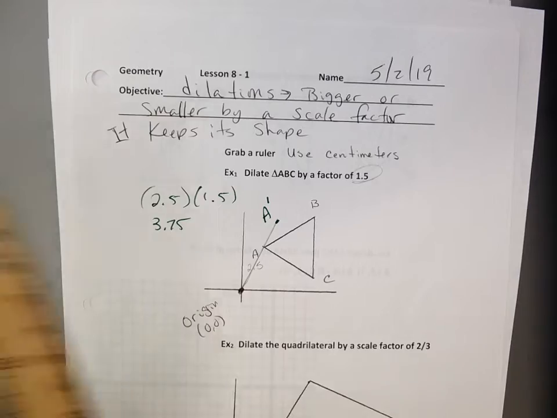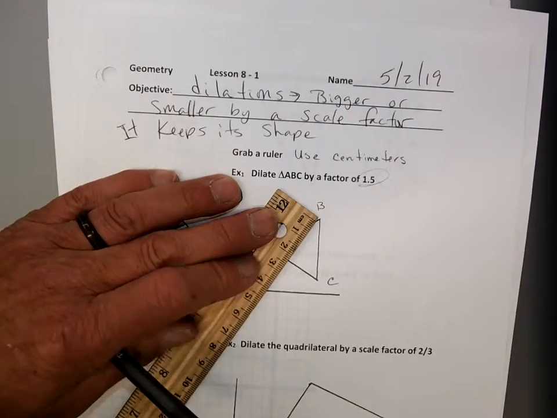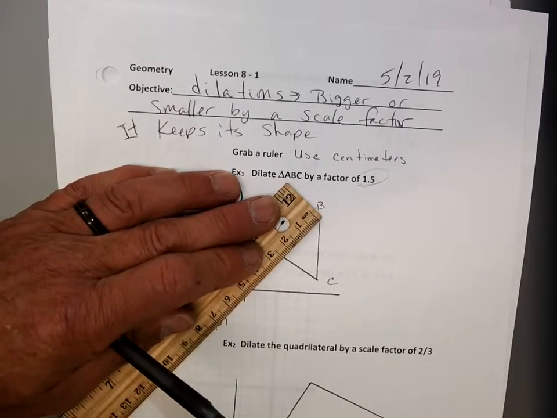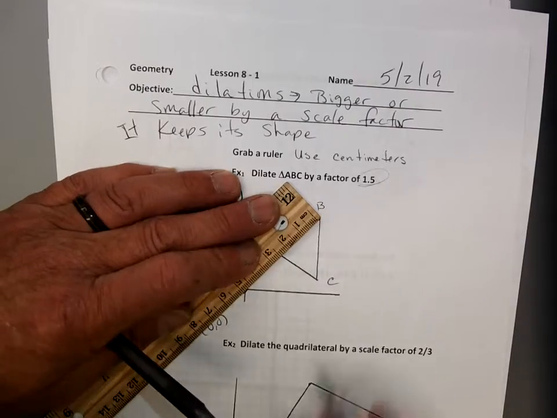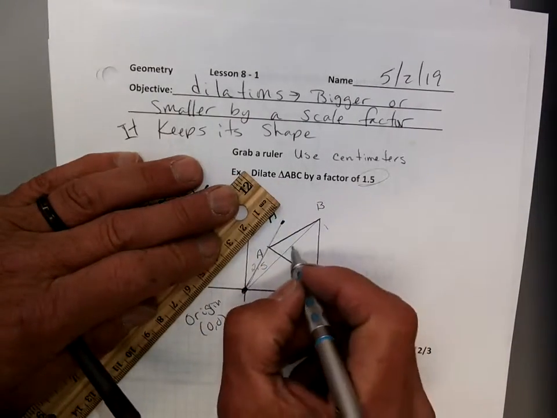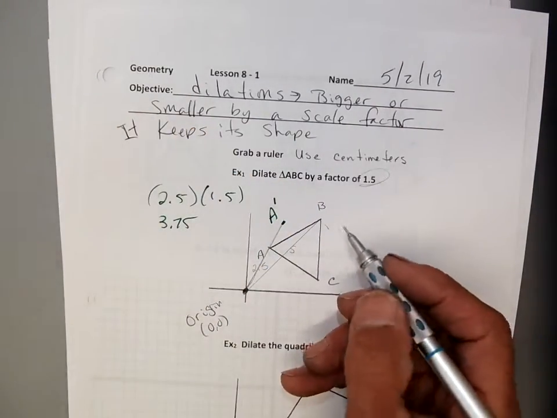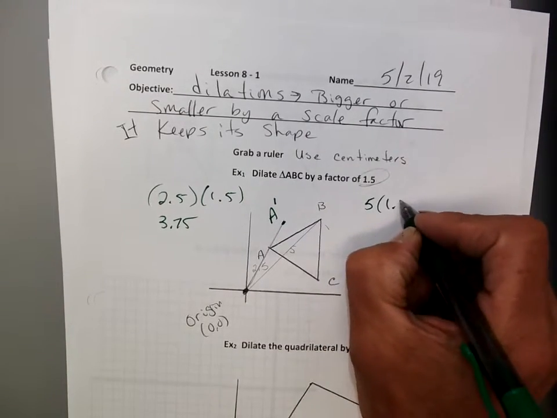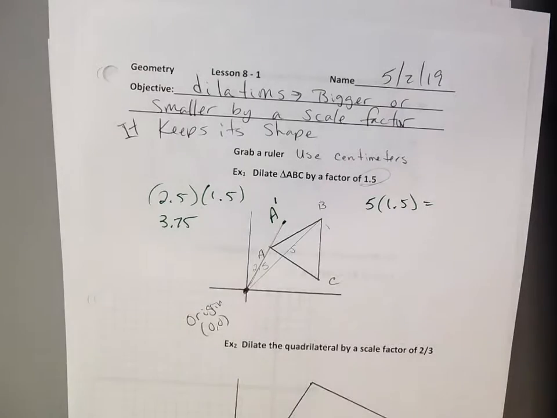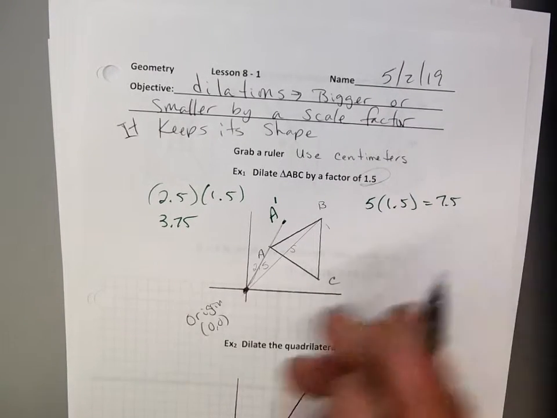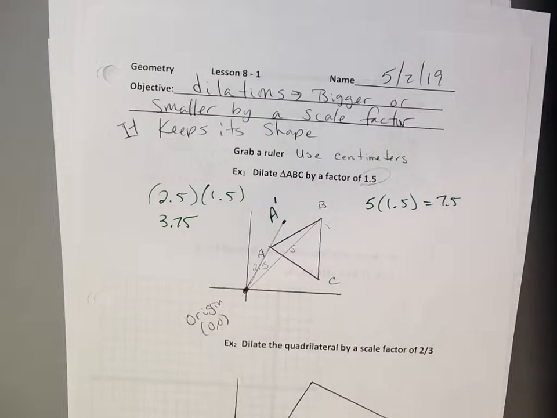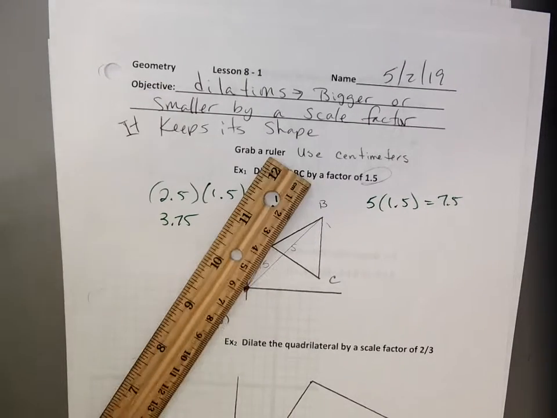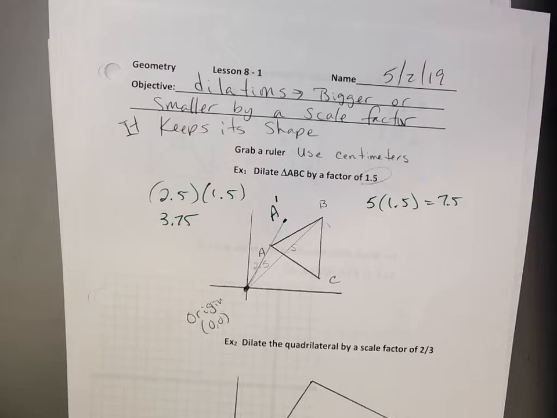Let's do the same thing with B. I'm going to measure from my origin to B, and it's about 5. Now I'm going to multiply my length of 5 by 1.5, using my calculator, and I get 7.5. So now I'm going to extend that line to a length of 7.5.